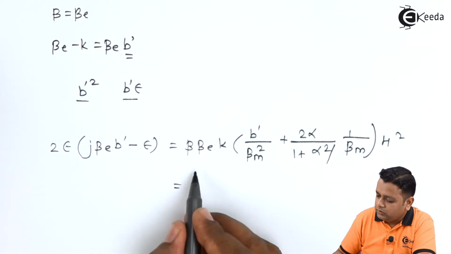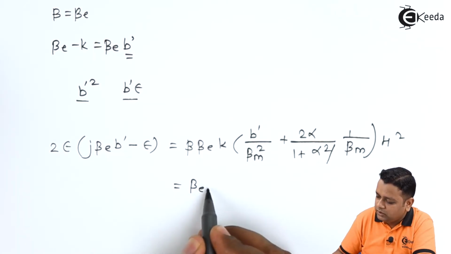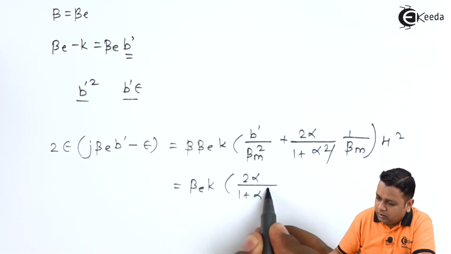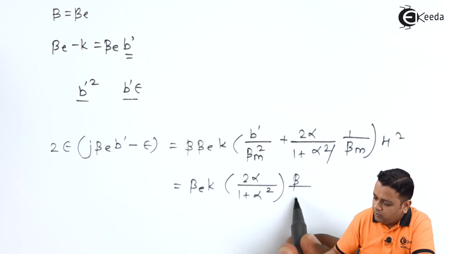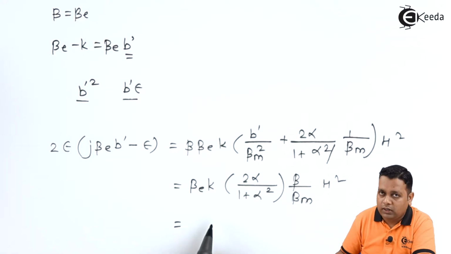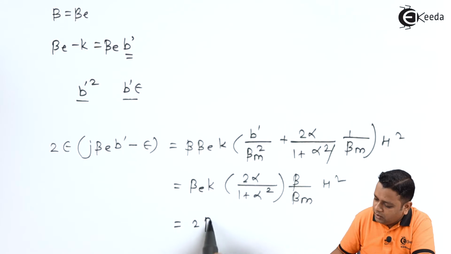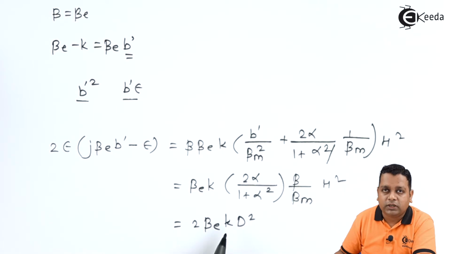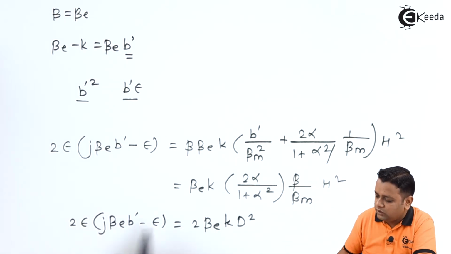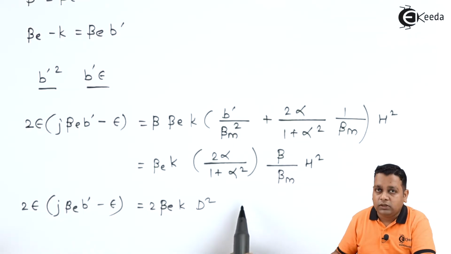Replacing, we make it beta suffix e k into twice alpha divided by 1 plus alpha square, beta divided by beta suffix m into h square, or further it can be taken to the form twice beta suffix e k into capital D square. This new representation has the same left hand side, twice epsilon in the bracket j times beta e b dash minus epsilon, equal to this one. So this equation is represented as equation number 4 here.